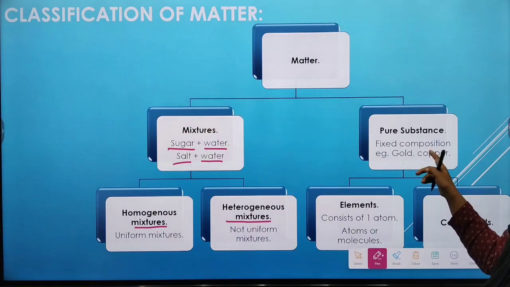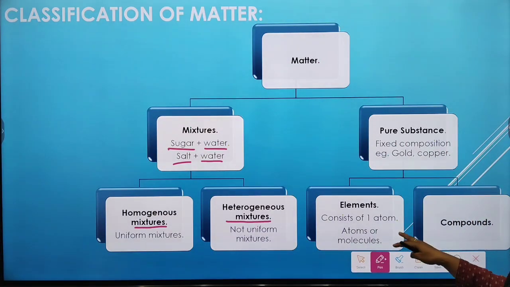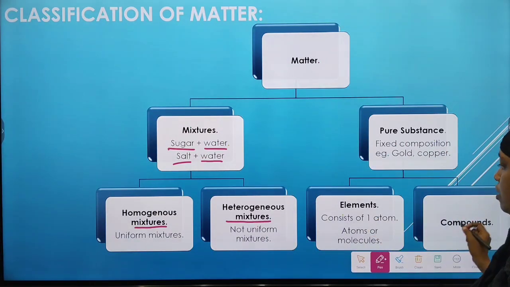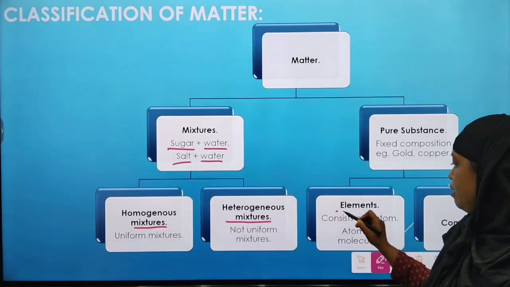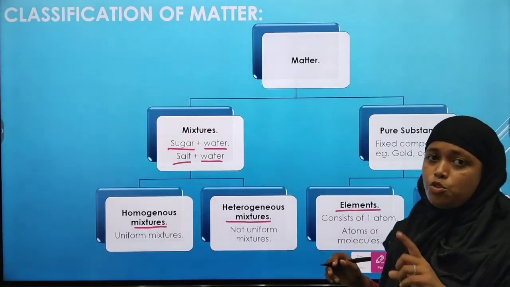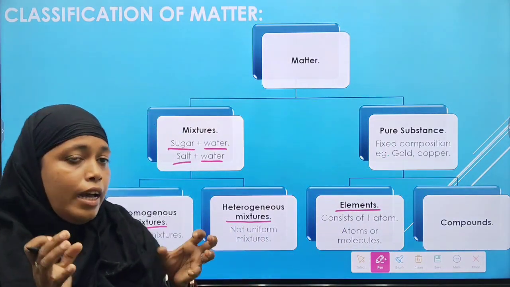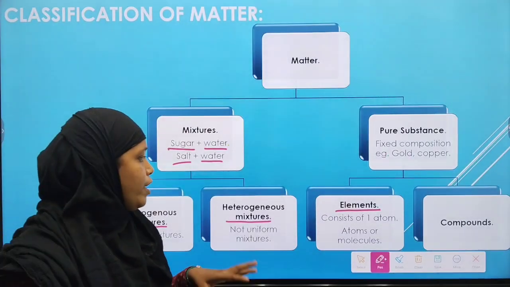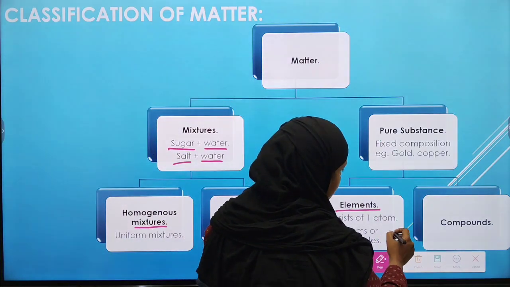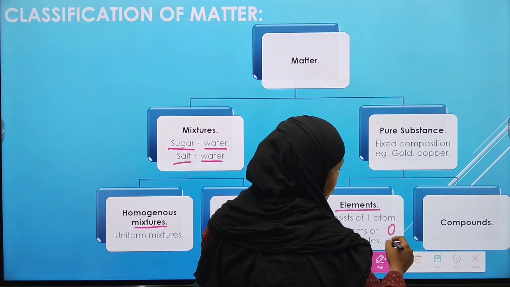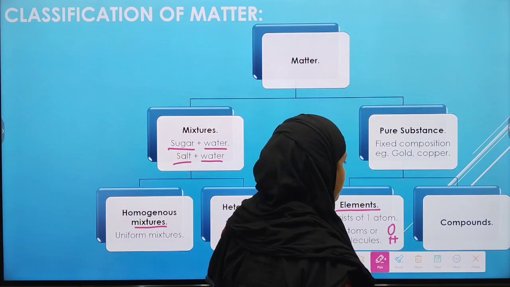Further, pure substances are classified as elements and compounds. Elements consist of only one kind of atom. They are either atoms or molecules, for example an atom of oxygen or an atom of hydrogen.